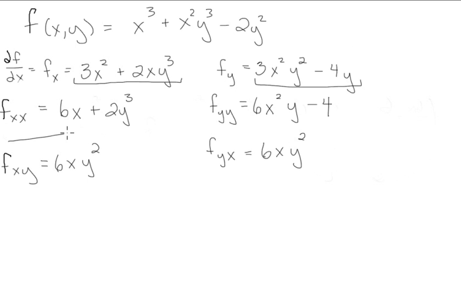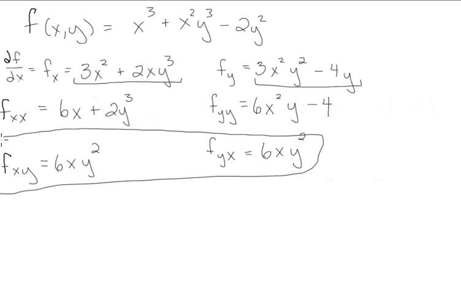So you notice that in this case, these two terms are exactly the same expression. And that is a universal truth. It does not matter in which order you take the cross partial. The derivative should give you the same derivative in either direction.